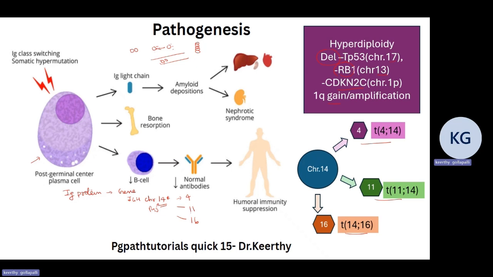So now you understood the pathogenesis. You have post-germinal center plasma cells, which are mature B cells. They will acquire somatic hypermutations and the translocations of chromosome 14 with 4, 11 and 16. And there will be deletion of P53, which is located on chromosome number 17, the RB1 gene, which is located on chromosome number 13, and CDKN2C deletion and 1q gain.